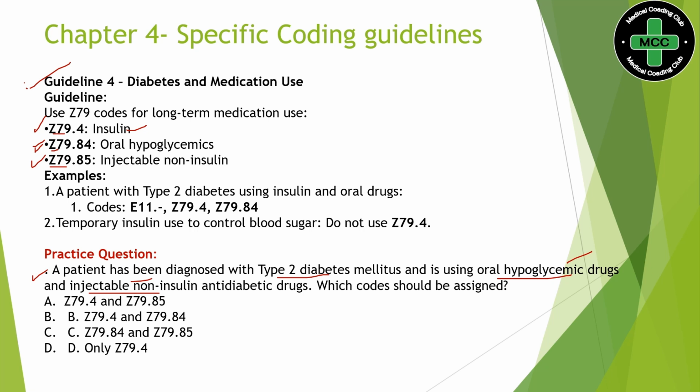So the hypoglycemic drug code will be Z79.84 and the injectable non-insulin will be Z79.85. So the answer should be Z79.84 and Z79.85. Answer C will be correct. The guideline is you should check how many drugs the patient is taking, and all the drug usage you can capture with the diabetes code.